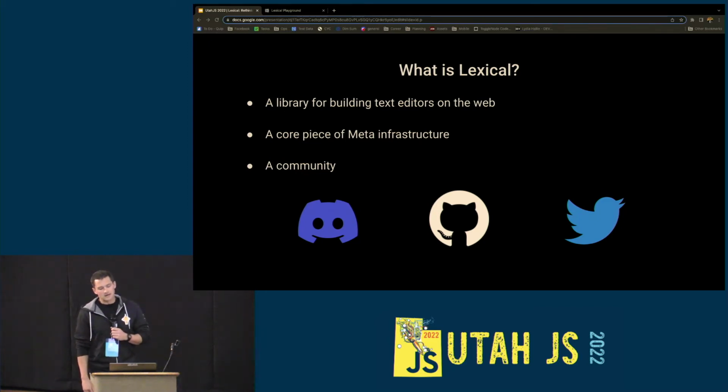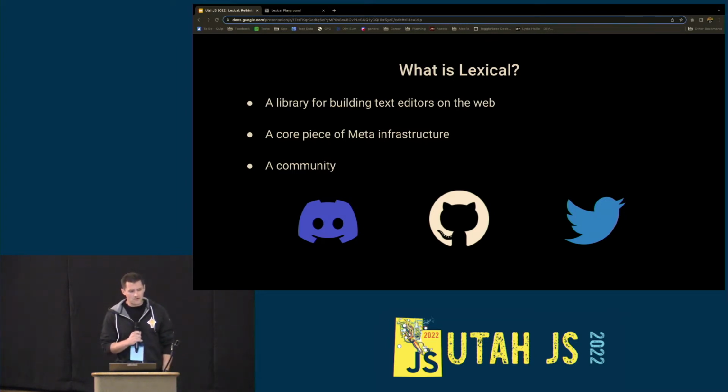There's a distinction between a library for building text editors and an actual rich text editor, between something like Lexical and something like TipTap, for instance, which is a full-fledged editor that has more constraints and less flexibility. Lexical is really made to do the opposite. It's made to give you a toolkit for building rich text editing experiences on the web. So you could use Lexical to build something like TipTap.